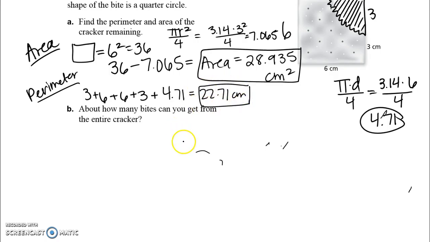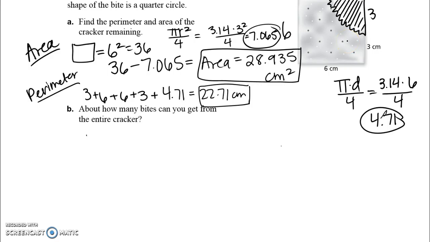About how many bites can you get from the entire cracker? I'm going to erase these inside. You basically know that the area of one bite is 7.065 because that's how much was taken away with one bite.